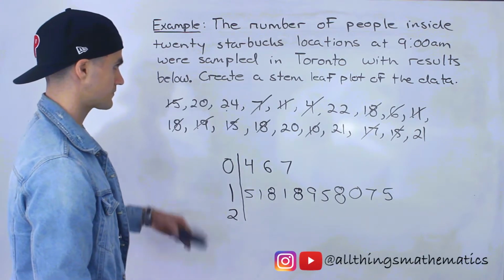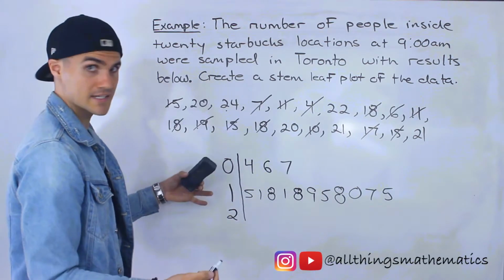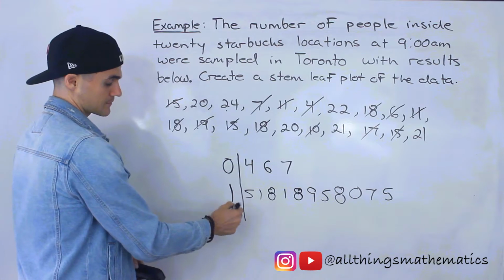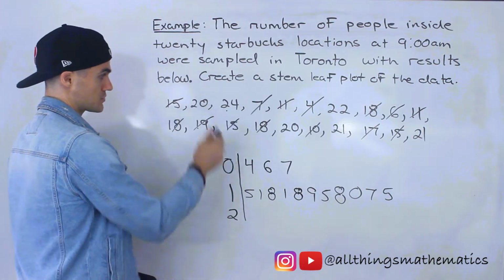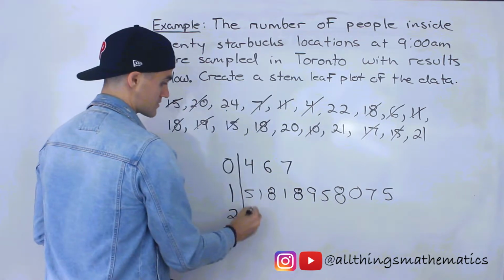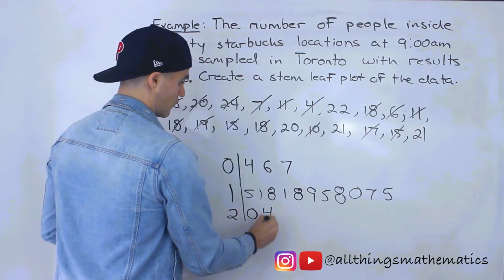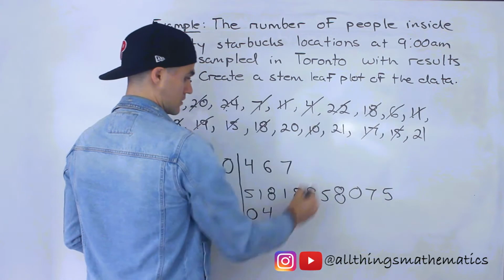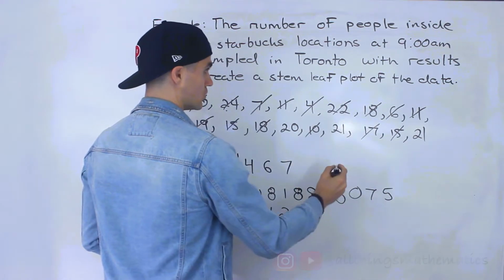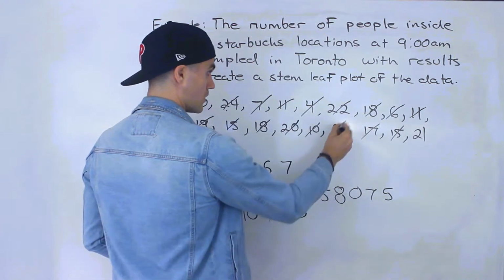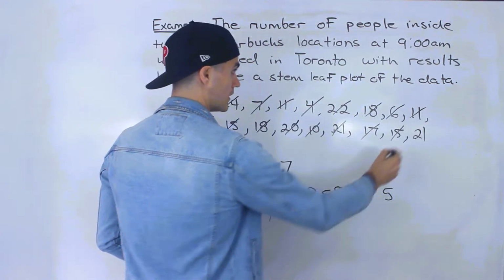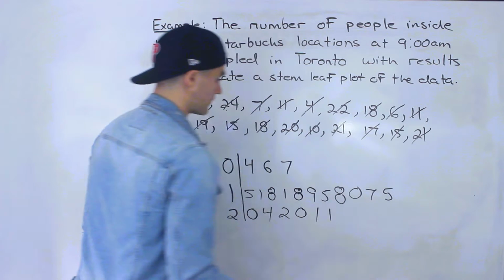Now moving on to 20, or any of these observations starting with a 2. Notice we got this 20 over here, so 0, 4, 2, we got another 0, we got another 1, and then we got another 1.